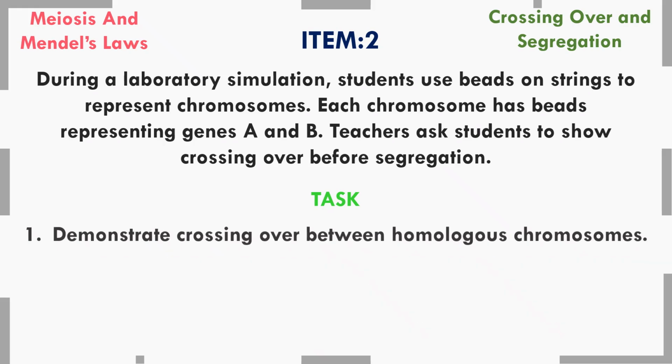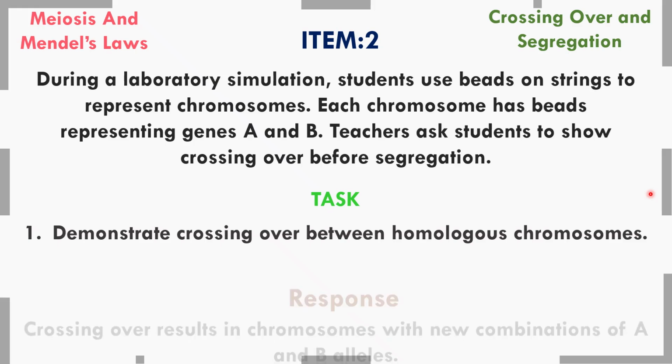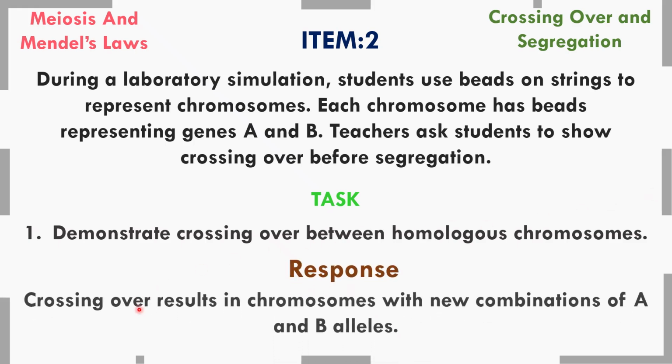Demonstrate crossing over between homologous chromosomes. Crossing over results in chromosomes with new combinations of A and B alleles.